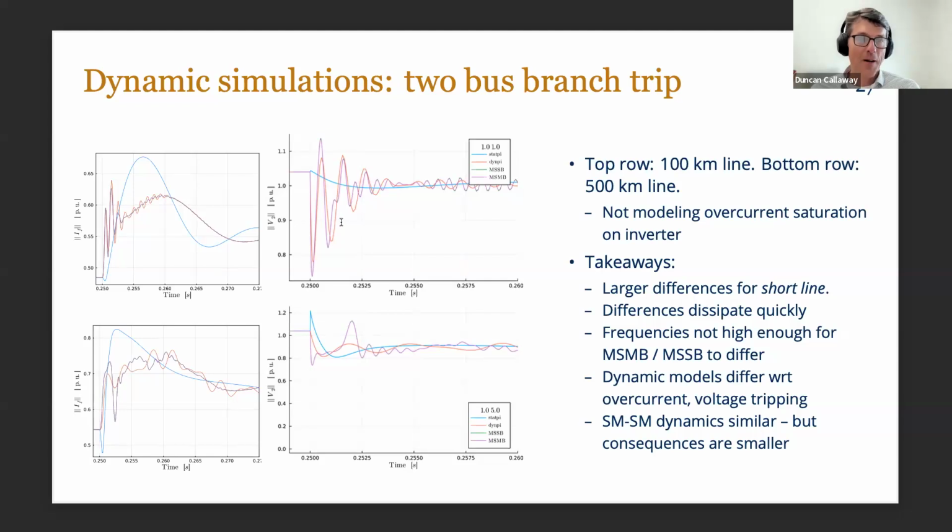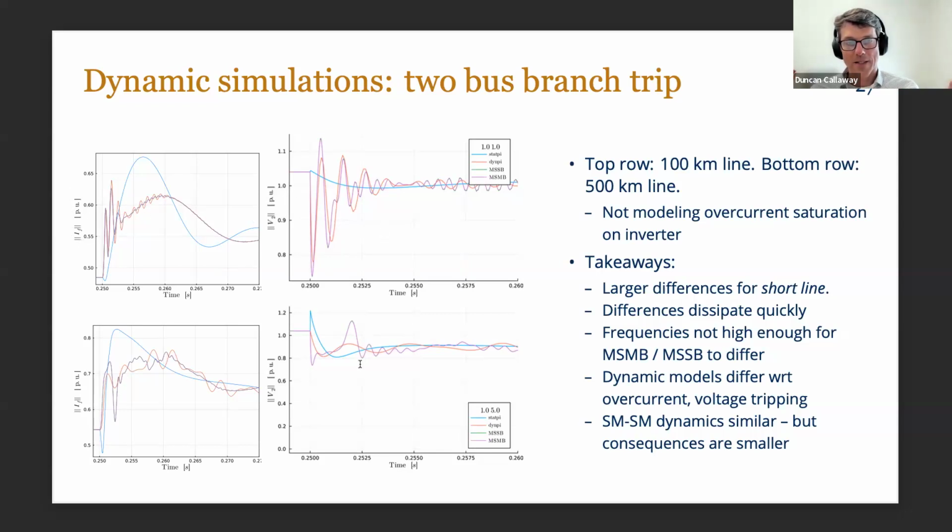We're looking at a case with a shorter line, a 100-kilometer effective line, and then, stretching the limits of what might be possible, a very long 500-kilometer line on a 2-bus case. And what I think is interesting is, on the y-axis, we're looking at filter current on the grid forming inverter in the first column here.